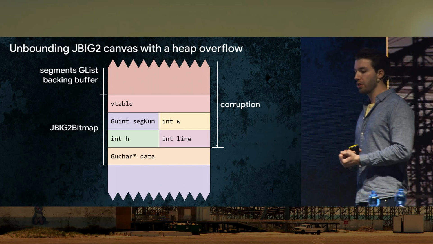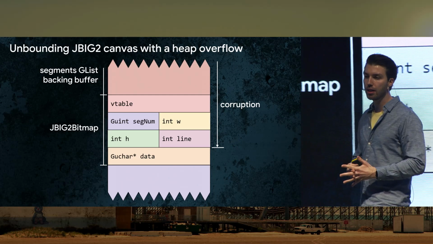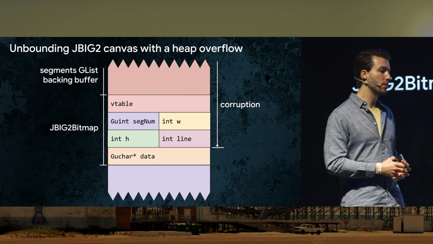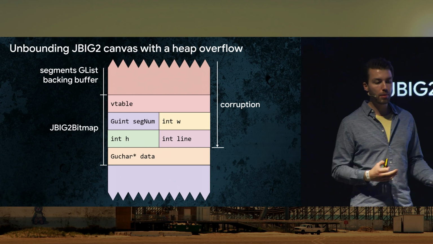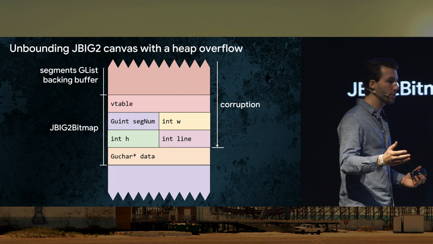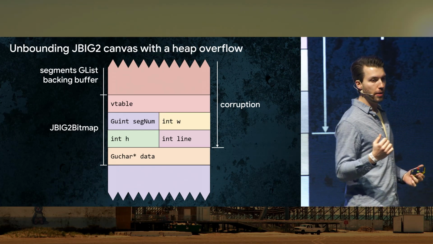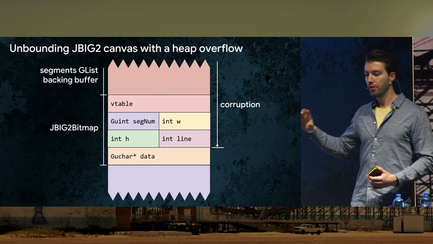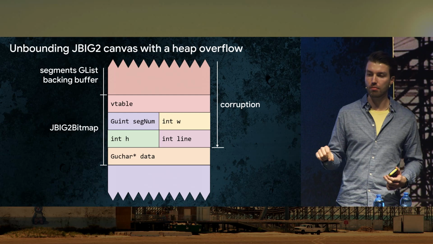So the first thing we're going to do is what we just call unbounding here, which will make more memory available to JBIG2. JBIG2 operates on bitmaps. You can supply it operations to perform on bitmaps. We'll see that in a second. In memory, a bitmap looks like this: vtable, and so on, and then there's a width and a height, right?